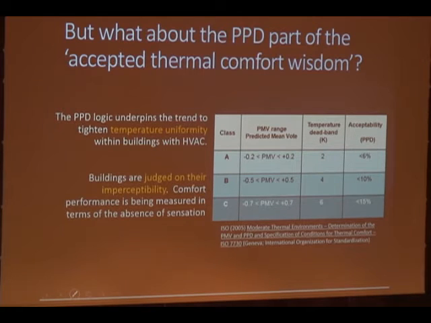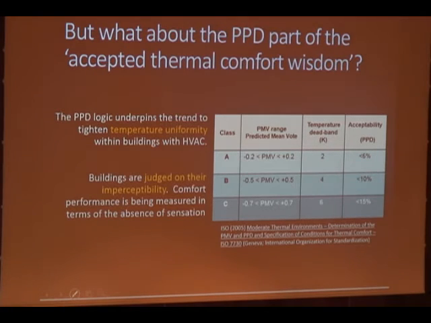So if we look in the standards, we see that buildings can be classified as Class A, Class B, or Class C, depending on how tightly they control around a temperature corresponding to PMV 0. So PMV 0 plus or minus a degree Kelvin is predicted, according to the PPD equation, to have a dissatisfaction level of 6%.